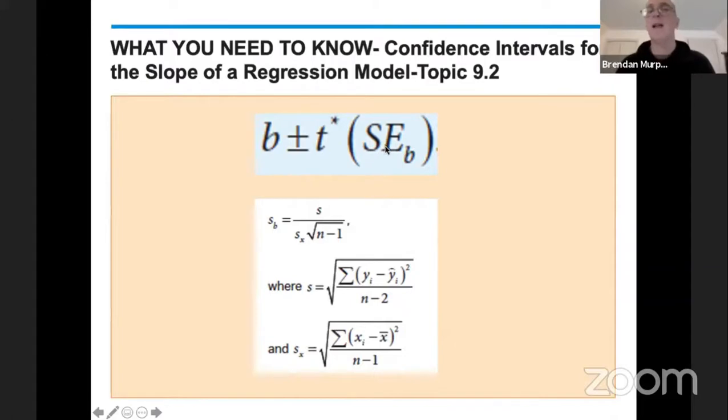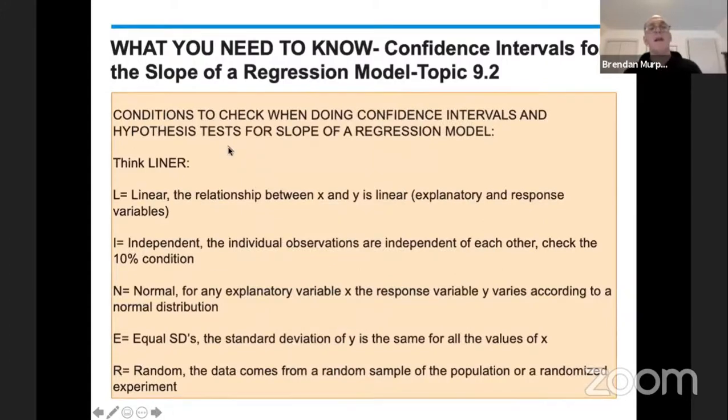I don't really want to deal with it, and the nice thing is we don't have to. But I just wanted to show you that those formulas are on your formula sheet for the AP Stats exam. We've never asked students to calculate it, and I'm not sure that we ever would. So don't worry about that, and we're going to go through your formula sheet at one point.